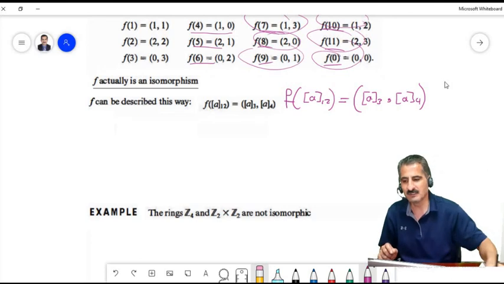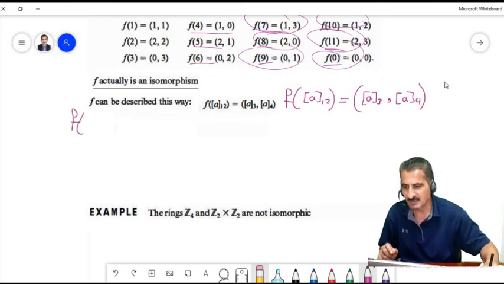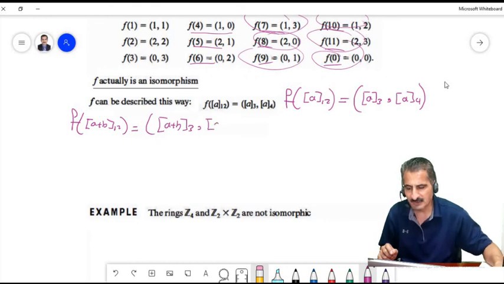Okay, now what we get if we have two elements, f of a plus b modulo 12? It says we'll take a plus b, but modulo 3, and again in the second coordinate a plus b, but modulo 4.